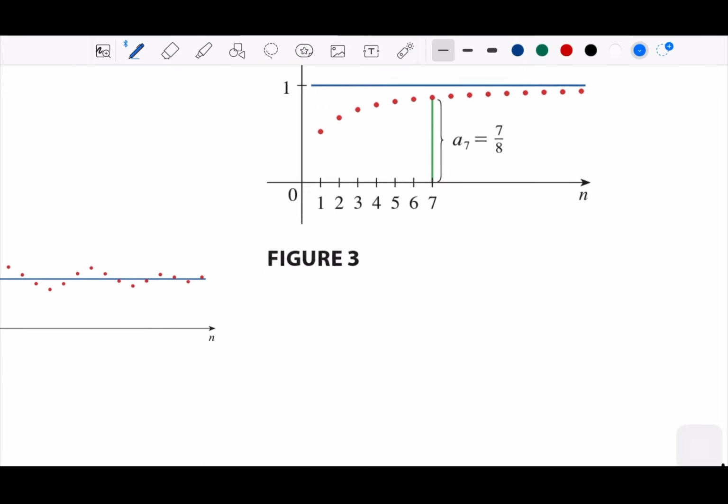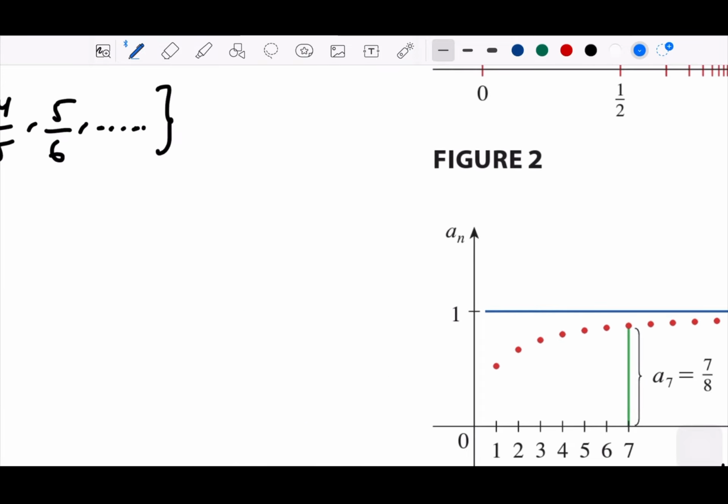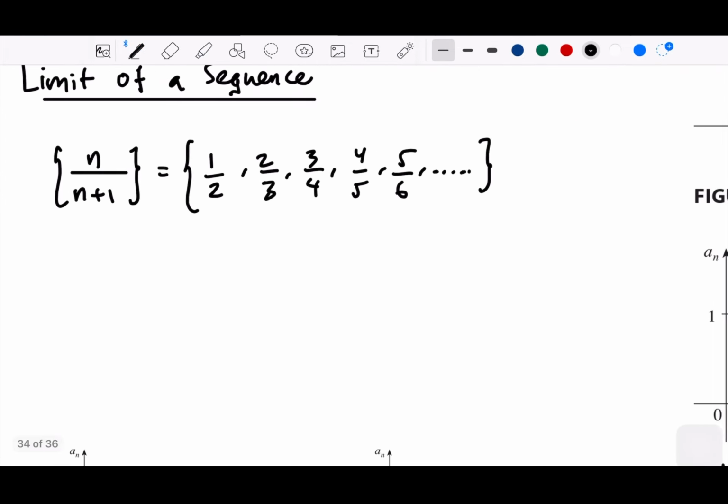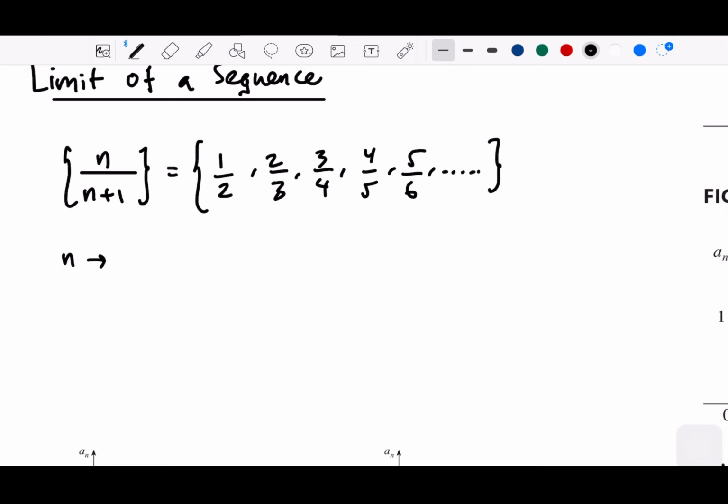So we could say that in the sense that n is getting larger. So let me write n becomes large, or n is getting infinite.